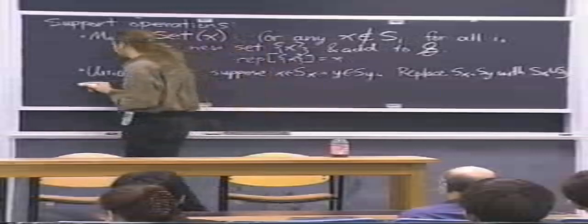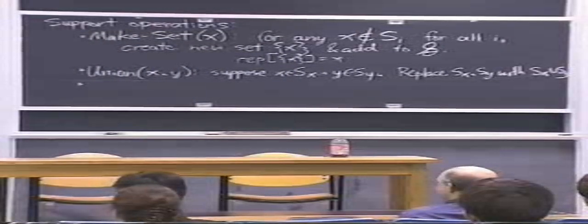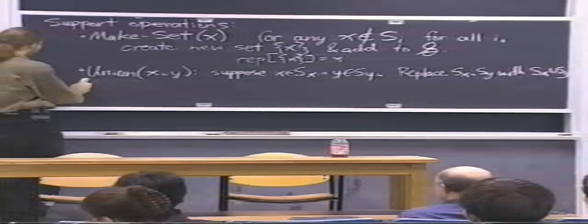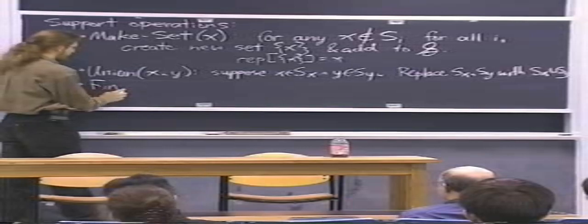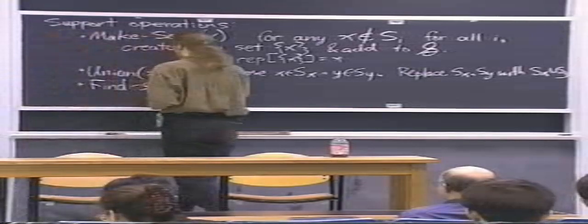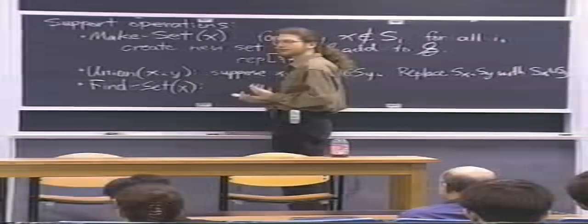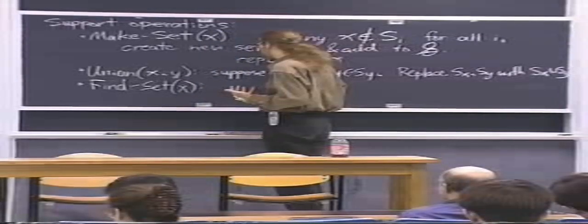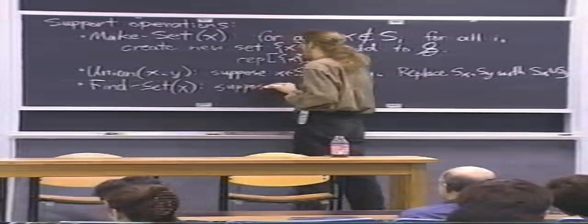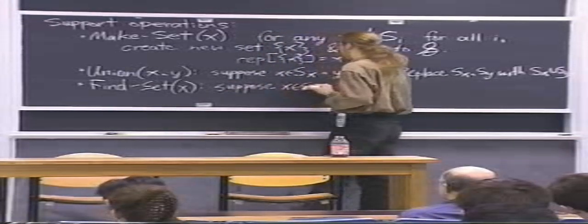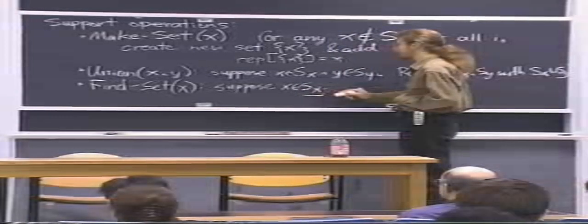And finally, this would all be really easy if we had no queries, right? You don't have to do anything. So what do you want to know about the sets? Well, I'd like to know this representative element. So find set says, well, I'm given some element x. I know it belongs to some set. So let's, again, suppose that x is in S_x. Then I want to find the representative of this set S_x.